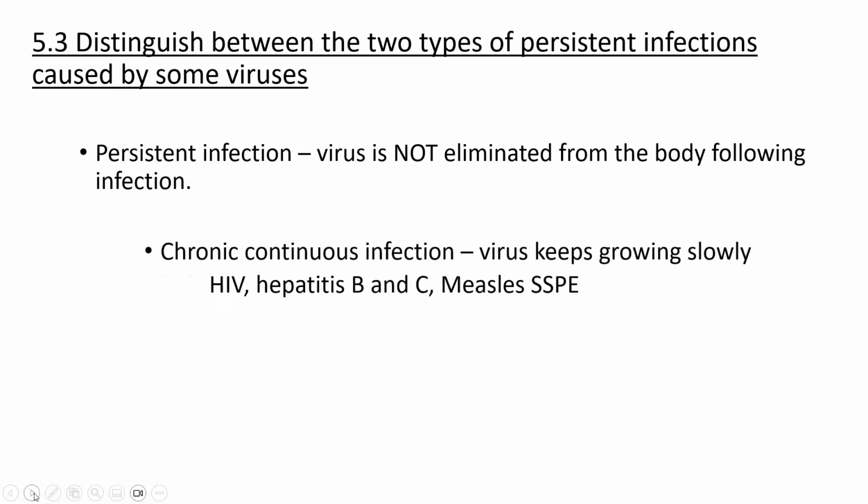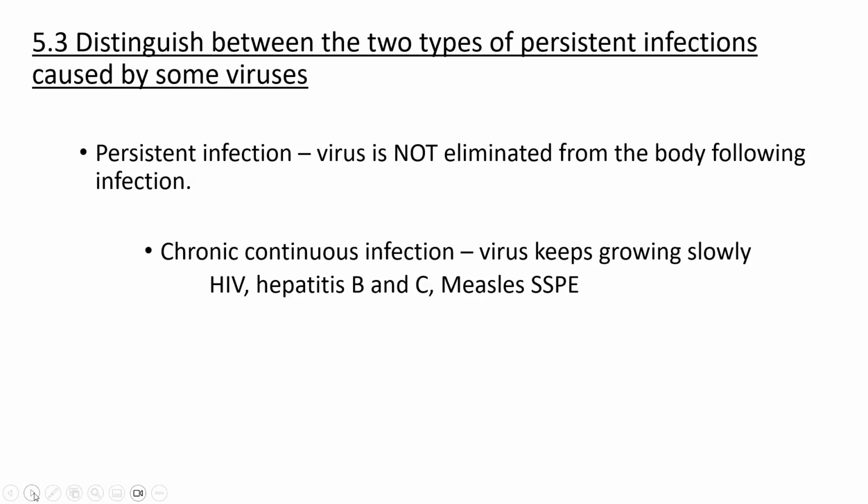There's 2 main kinds of persistent infections that I wanted to talk about, and I think you'll be able to relate to. One of them is called chronic continuous infection. So let's think about that. If acute means you get an infection, you get the signs and symptoms, you get sick, and then your immune system gets to work and you get better, that's an acute infection.